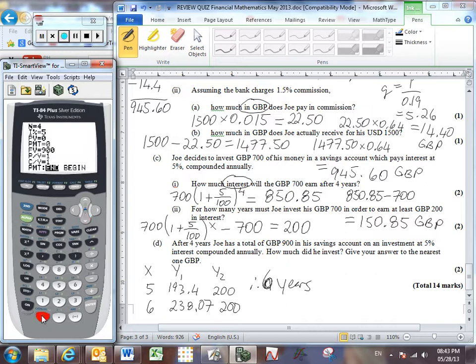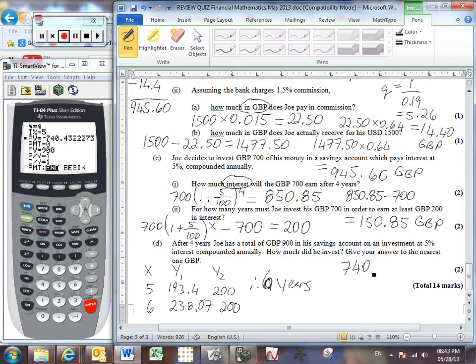So let's find out what the initial investment was, the present value of the money. We expect it to be a negative value to show that we were giving away the money, investing the money. Alpha, enter to solve. We can see that the initial investment was negative, or we can just write down the original bank account balance of 740.43 British pounds, which was the amount that he originally had in his savings account, and then it grew after 4 years to become 900.